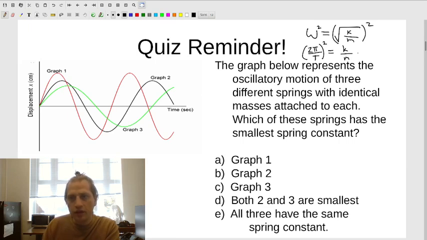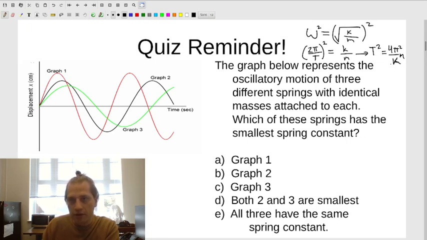And then if we look at that, we would get that T squared equals 4 pi squared over k times m. So T, the period, and k are inversely proportional.